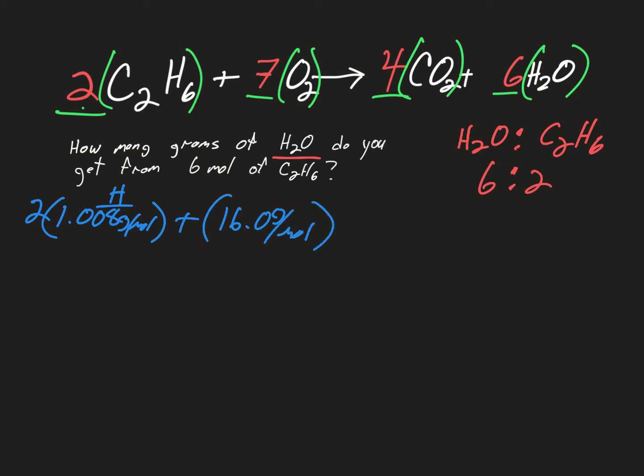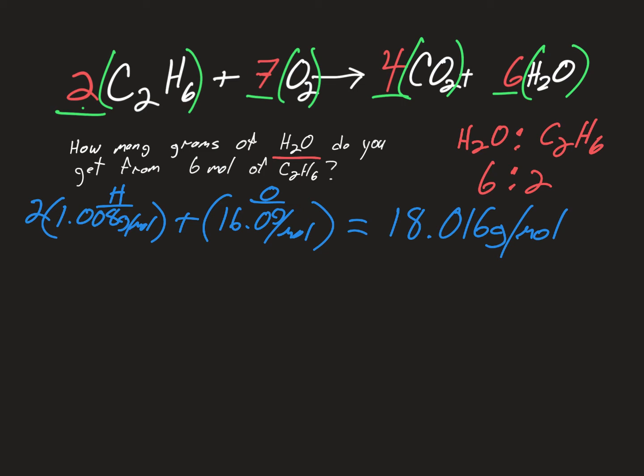And we only have one of those, so we don't have to worry about doing much there. That's our oxygen. And so when we multiply the hydrogen by 2 and then add it to our oxygen, we're going to get 18.016 grams per mole.